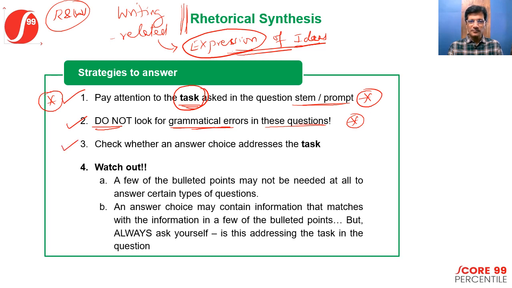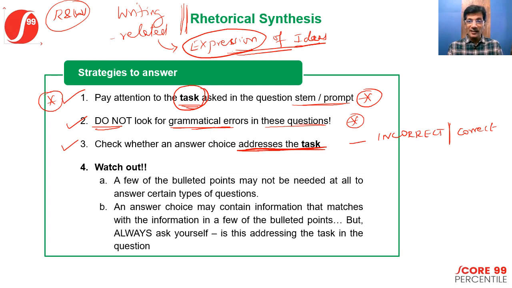Third point. Check whether an answer choice addresses the task. So an answer choice, remember, is incorrect when it is completely incorrect, when it is just really not talking about the context at all. Or sometimes an answer choice can be incorrect when it is actually correct in a different context.